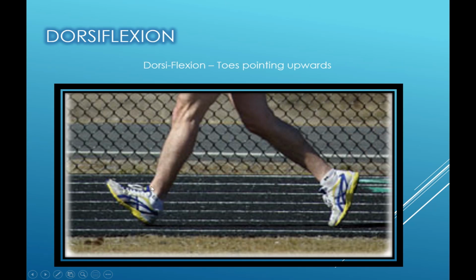What we're doing here is innervating the tibialis anterior, which is a muscle on the front of the shin. That then, of course, pulls on those bones in the foot, and that's when we get that dorsiflexion, which allows us to complete the motion of walking or running.